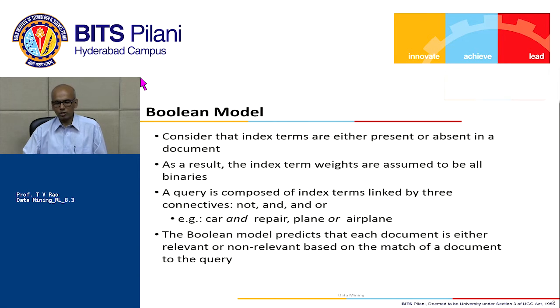For example, if we are looking at documents related to cricket and the word cricket exists, we say that this document is relevant. Sometimes we connect those index terms using Boolean expressions like not, and, or. So we can look at plane or airplane, which collects the documents that contain either of these terms.